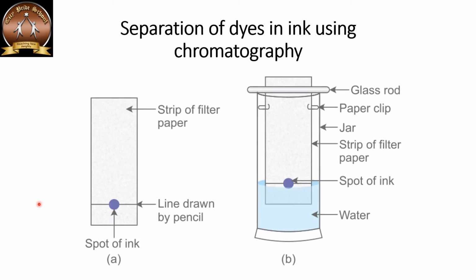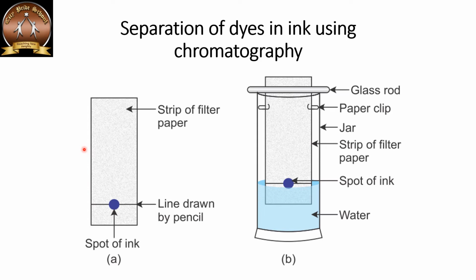So this is the basic setup of chromatography. In the previous slide, I told you that chromatography has two components, the stationary phase and the mobile phase. Now we will understand these concepts. This is a paper strip, sometimes called a filter paper strip, or also called chromatographic paper.